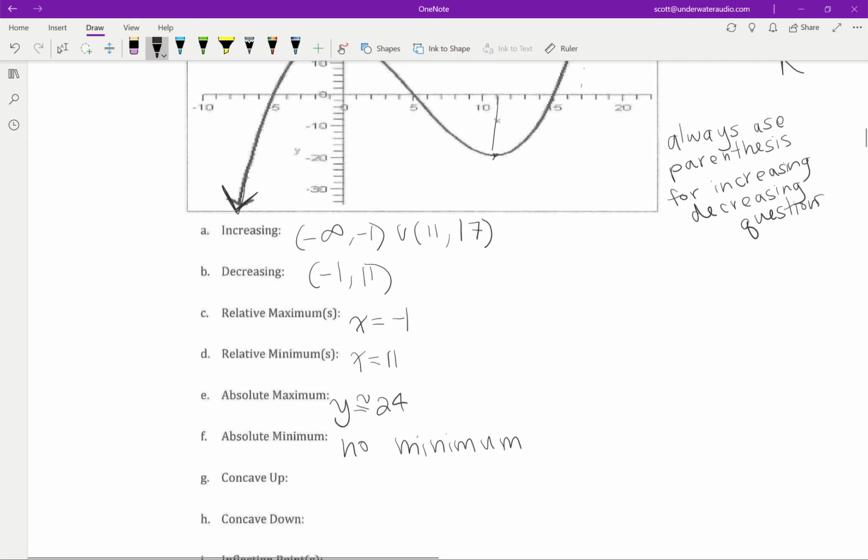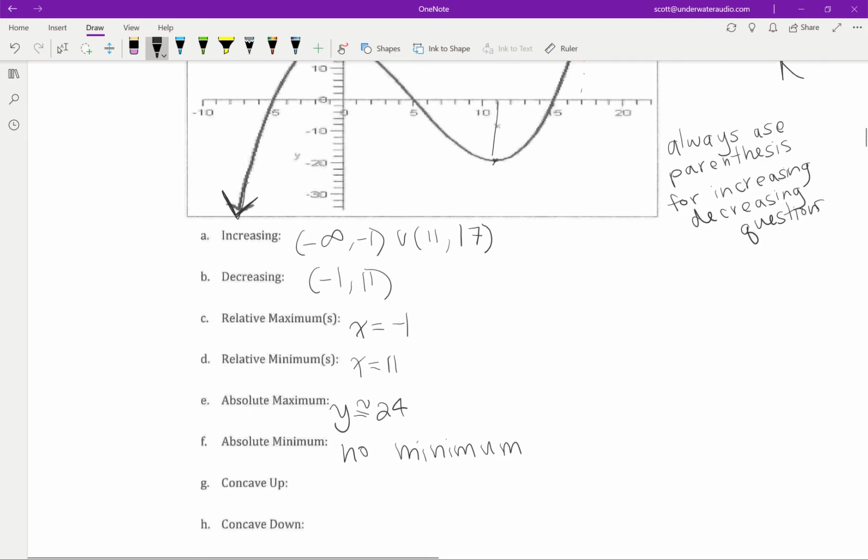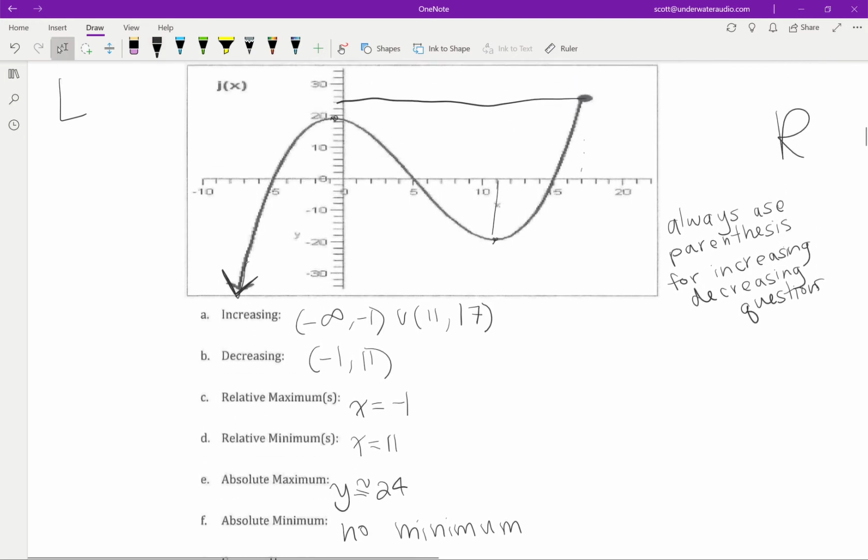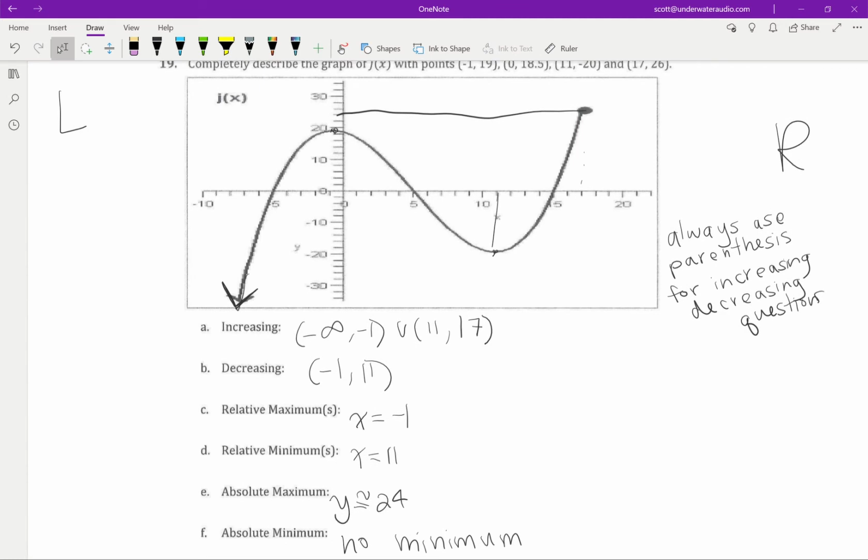All right, so now we're going to ask about concave up and concave down. So concave up is where the cup is pointing upward, and all of this I feel like is an upward facing cup. Another way, probably the more mathematical way to think about that, is where is the tangent line below the curve? I think that happens all in here.